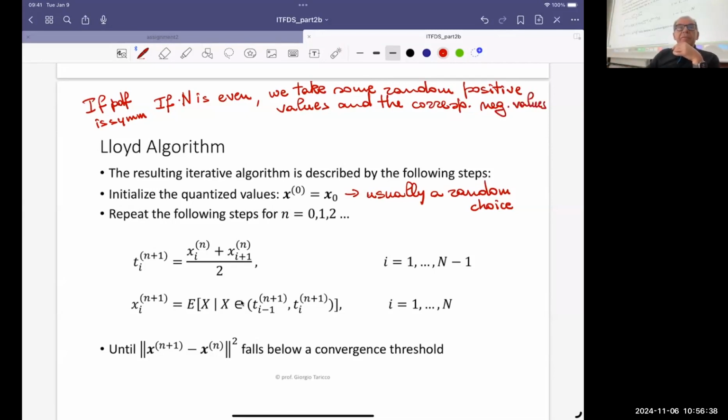If n is even, because in that case we have, for example, 2 positive and 2 negative, if n is 4.